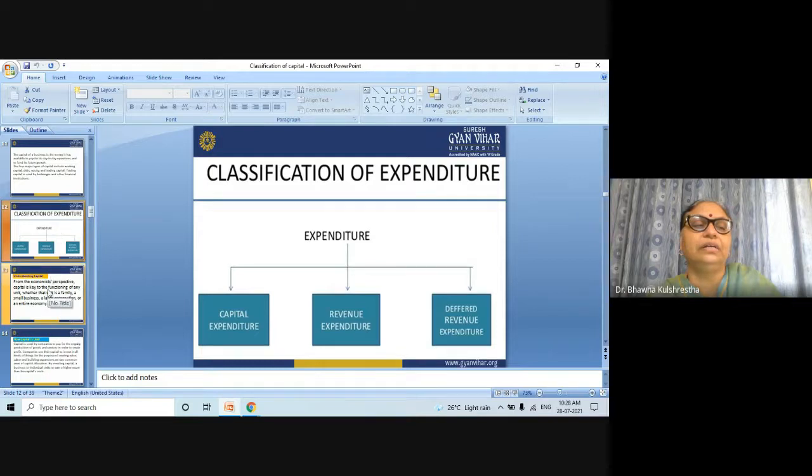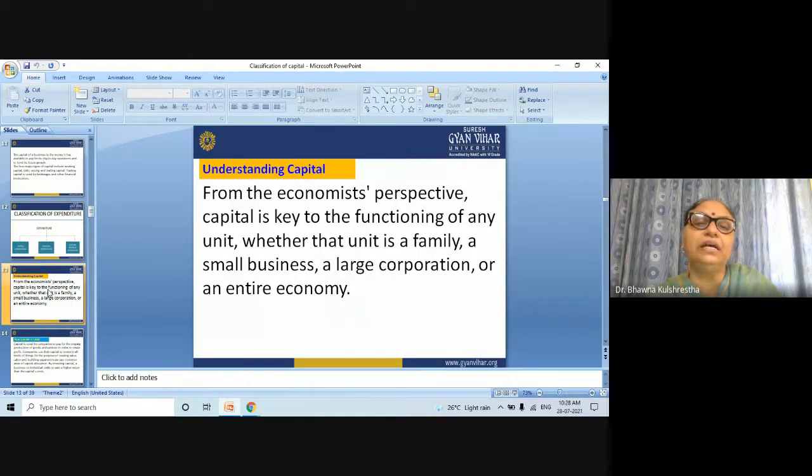The next is understanding capital. From the economist's perspective, capital is key to the functioning of any unit, whether that unit is a family, a small business, a large corporation, or an entire economy.